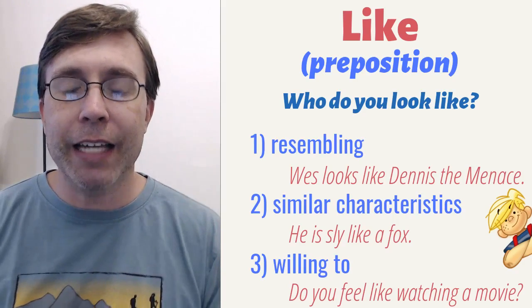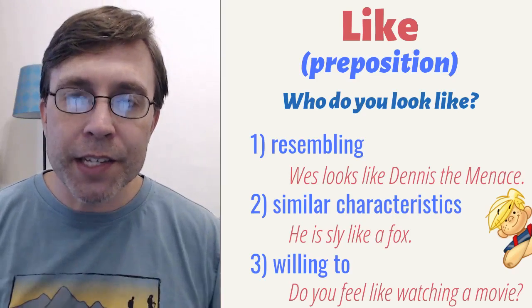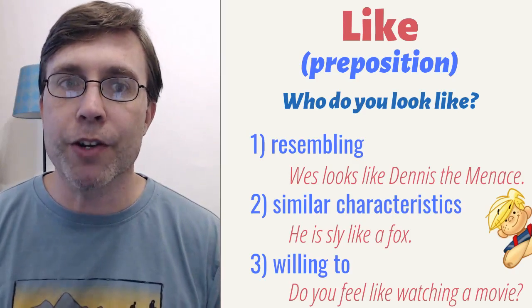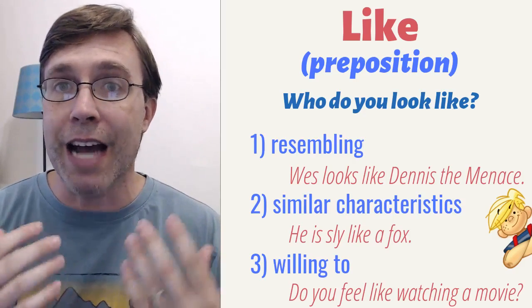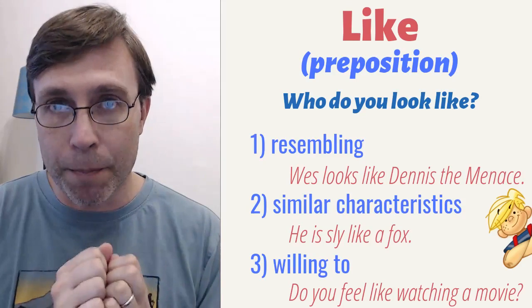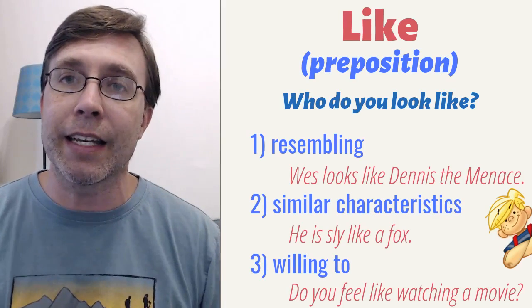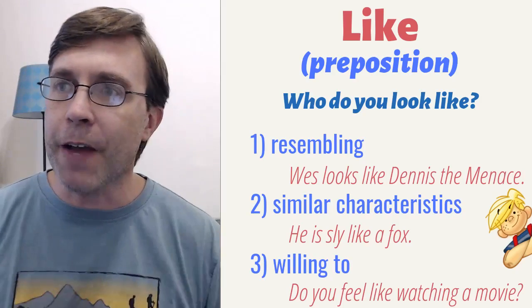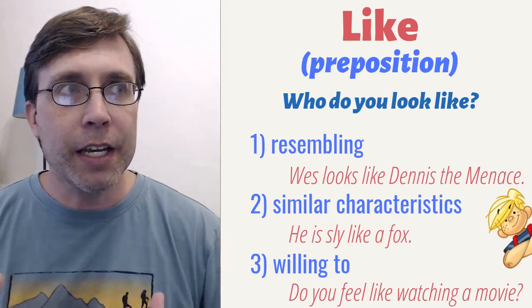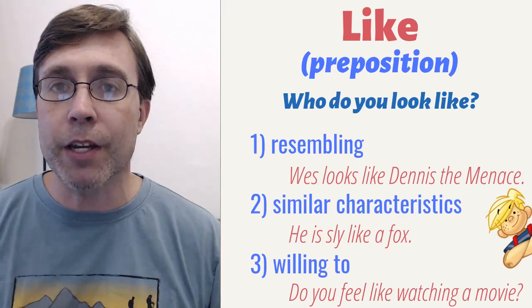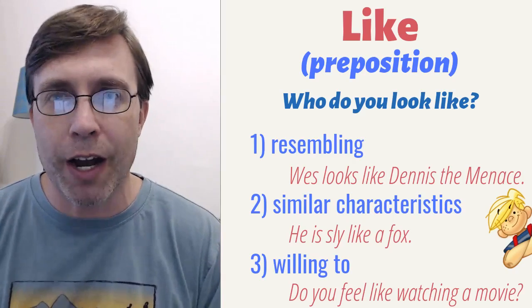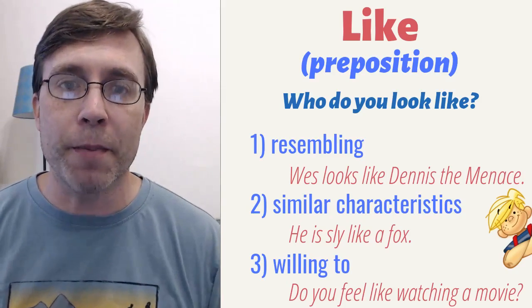But you can also use it as a preposition talking about similar characteristics. He is sly like a fox. This is an example of a simile when you're comparing two things that are basically not the same. You're comparing a person and a fox. He is sly like a fox. He is fast like a car. He is strong like an ox. So there are many different ways that we can use similes when we want to describe something and give a little more information.